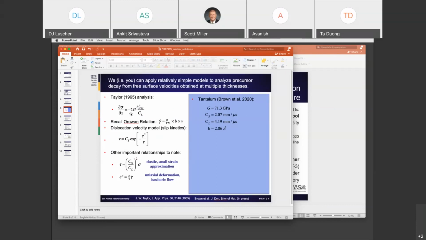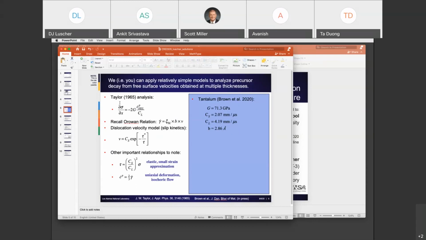So the expression at the top is showing a differential equation for the spatial variation of the stress at the Hugoniot elastic limit as a function of the plastic strain rate right at that incipient point of going from elastic behavior to initiating plastic slip right at the shock front of the elastic precursor wave.